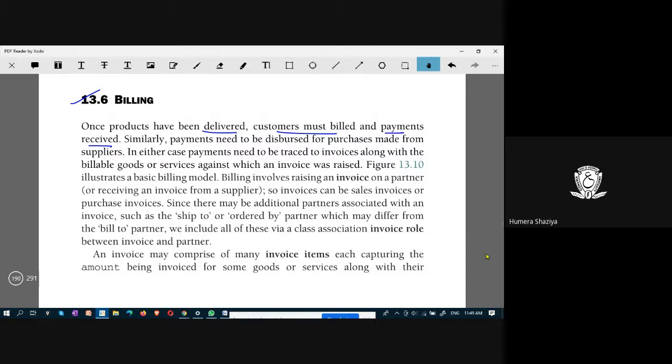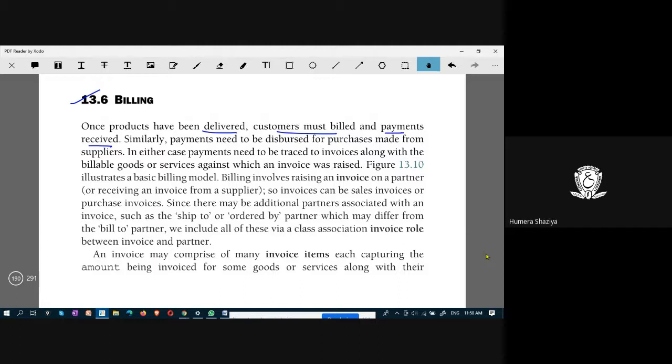Before a product is delivered, you pay the total amount. Here it is written that once the product is delivered, the customer must be billed and payment should be received. And payments need to be disbursed for purchases made from suppliers.